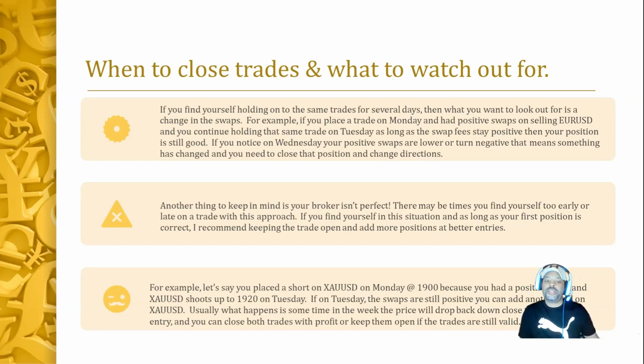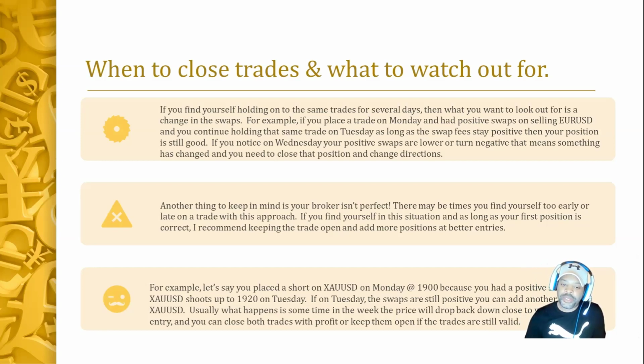For example, let's say you place a short on gold, which is XAU USD, on Monday at 1900 because you had positive swaps, and gold shoots up to 1920 on Tuesday. If on Tuesday the swaps are still positive, you can add another position for XAU USD.